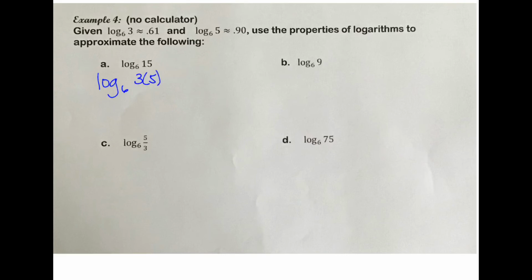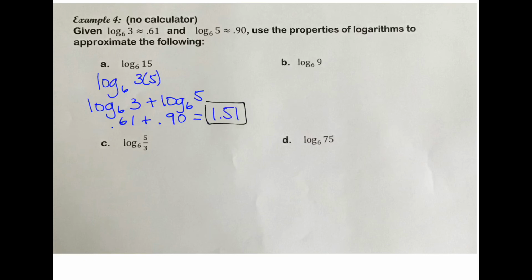Well, you guys learned the properties, and when you multiply, it expands to be addition. So log base 6 of 3 plus log base 6 of 5, which means then you just end up adding those decimal equivalents, 0.61 plus 0.90, and you get 1.51. You've now figured out the answer without a calculator.